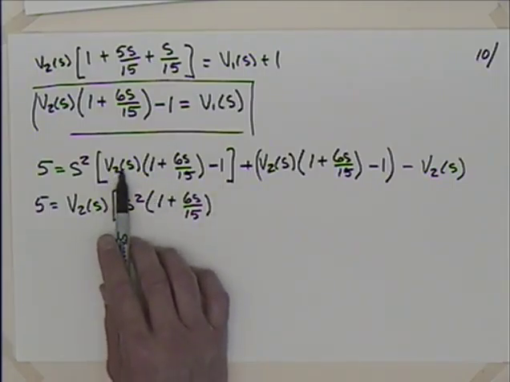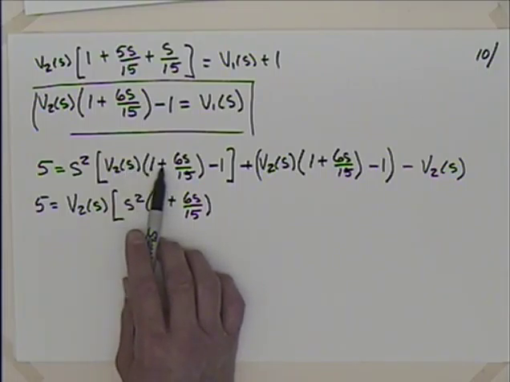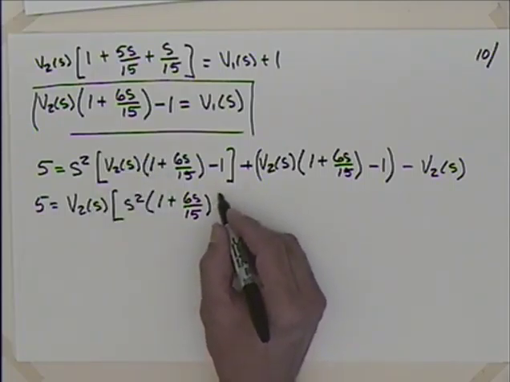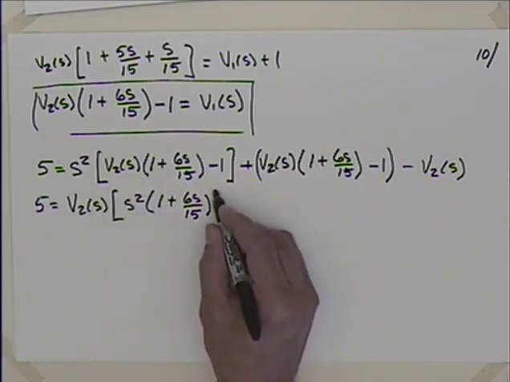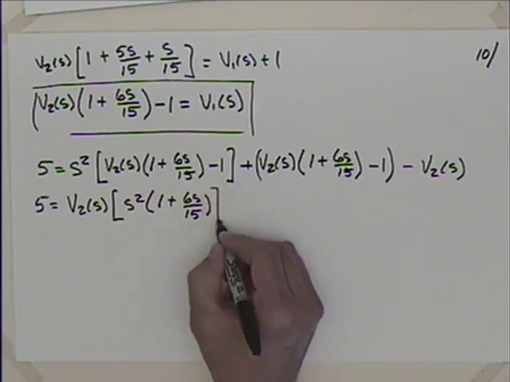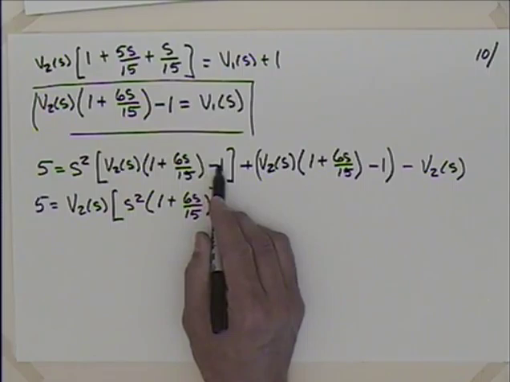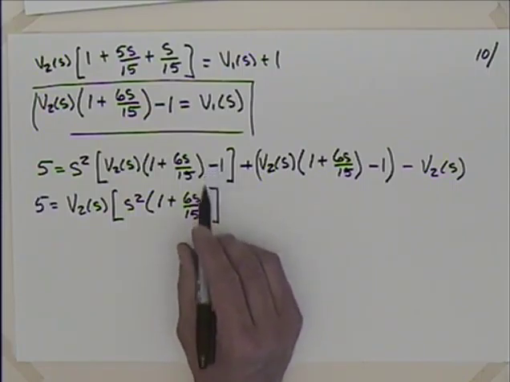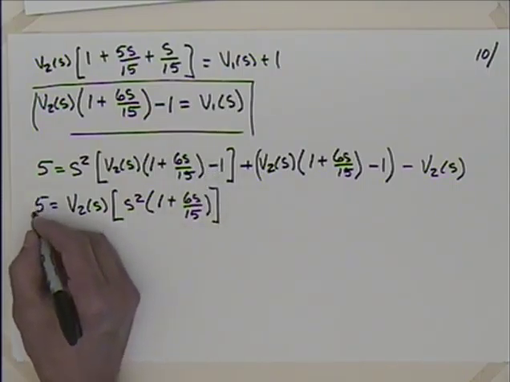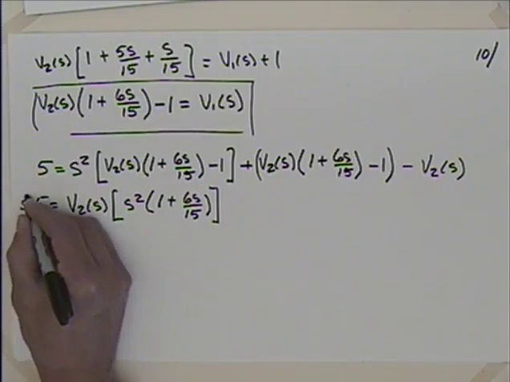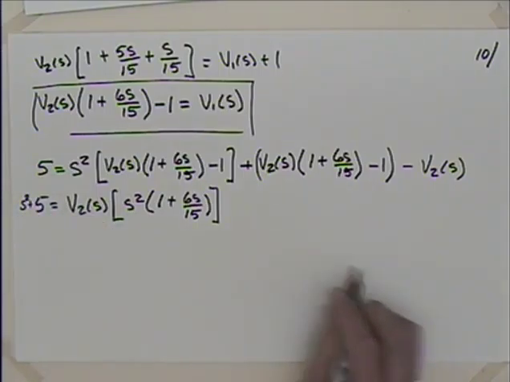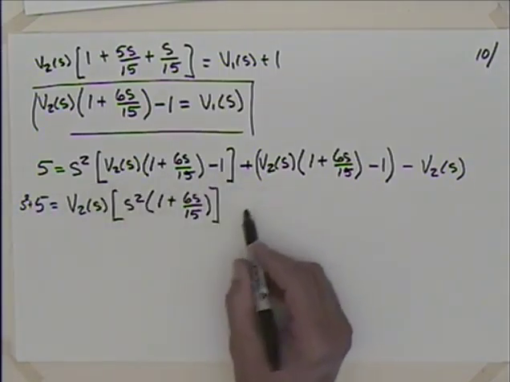So factoring out the V2, yeah, so I think I'll keep that. This s squared, that's going to be s squared times minus 1 is minus s squared. So I think I'll put that over here as a s squared. Okay, so I've taken care of that now.